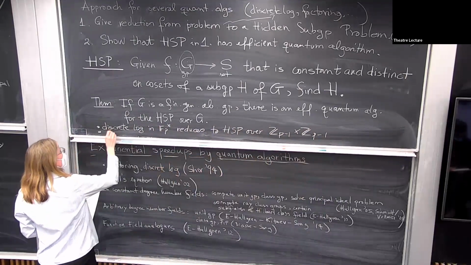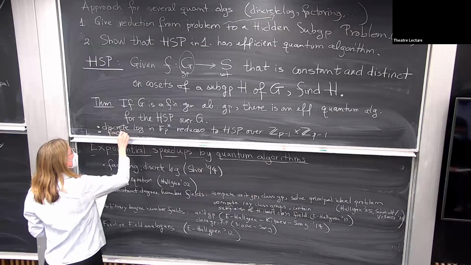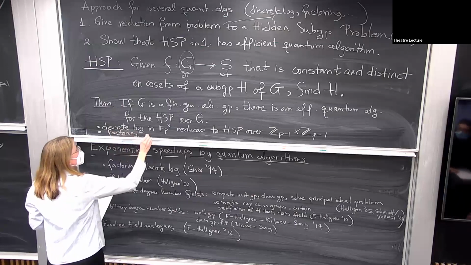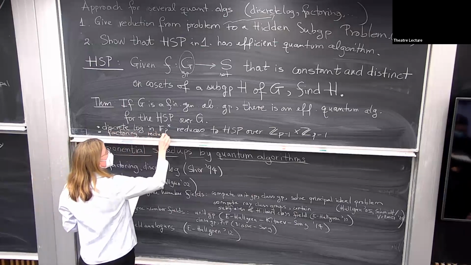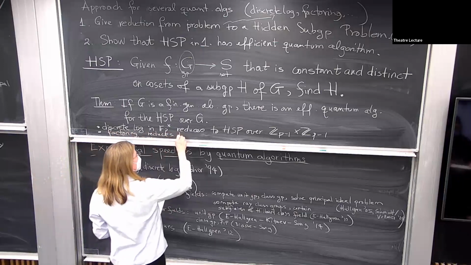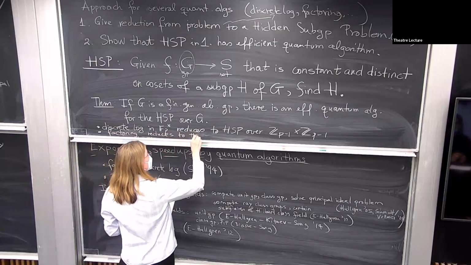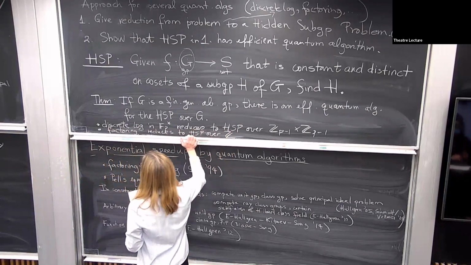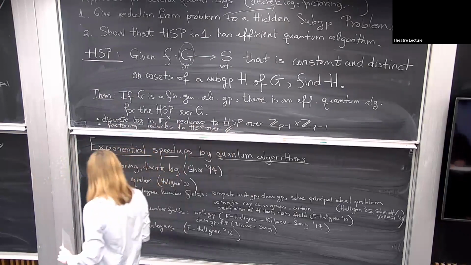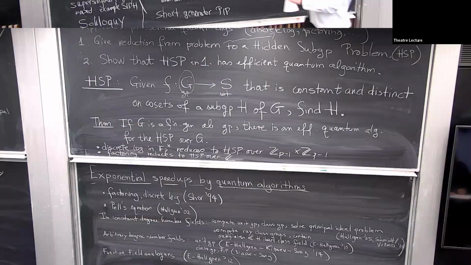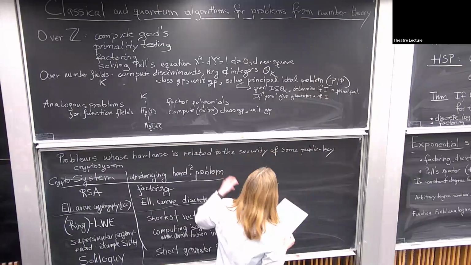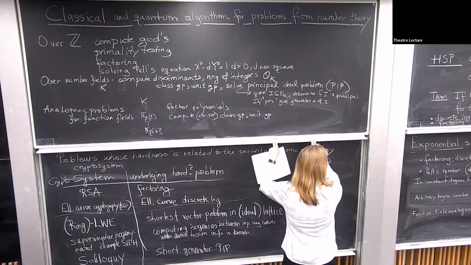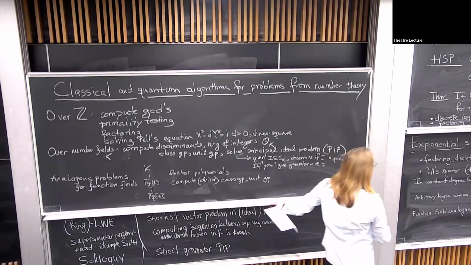And factoring reduces to an HSP over the integers. And so these two examples fall squarely into this hidden subgroup framework that is solvable right away.